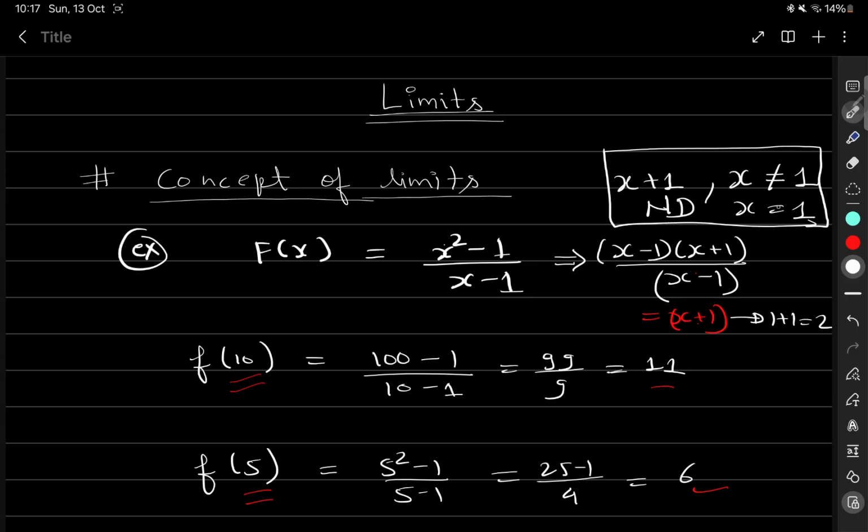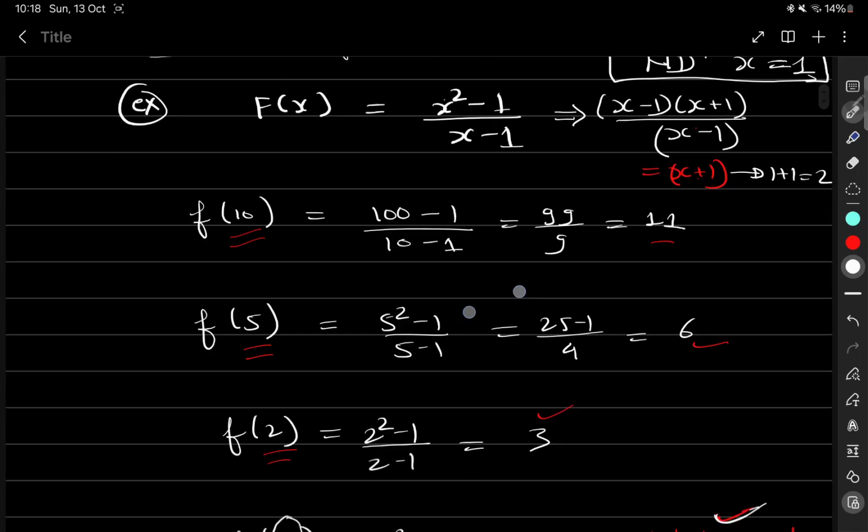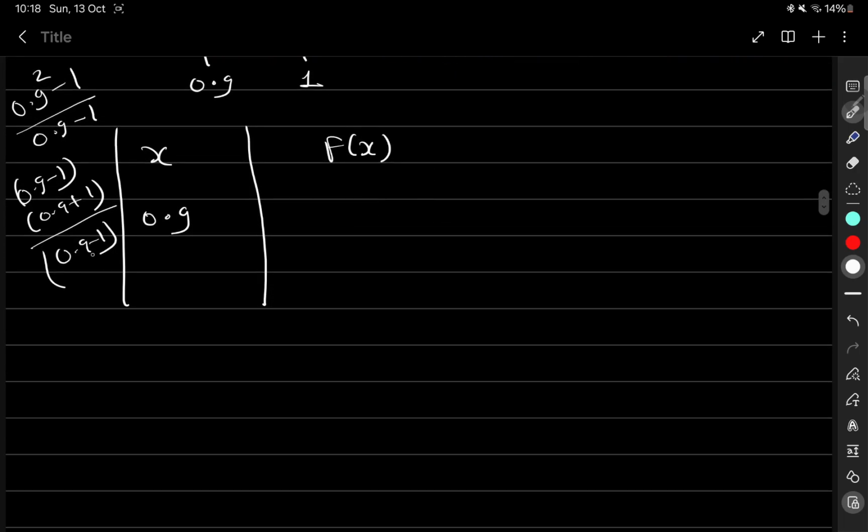Means at x equal to 1 we are getting not defined. But if I am not putting 1, and take any other value, then cancelling x plus 1 is possible. So when I put 0.9, this can be cancelled. Now this is not in 0 by 0 form, so we can do cancellation, and we are left with x plus 1, or 0.9 plus 1. Got it or not? So I am getting 1.9.